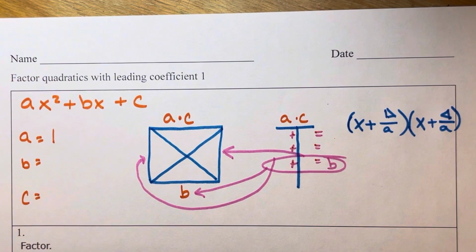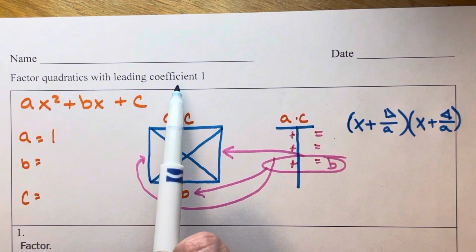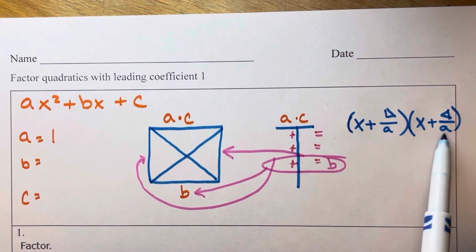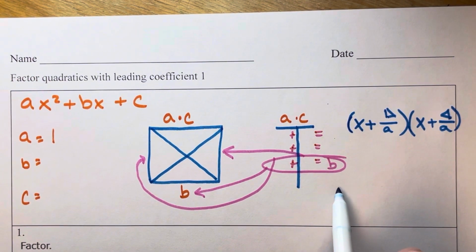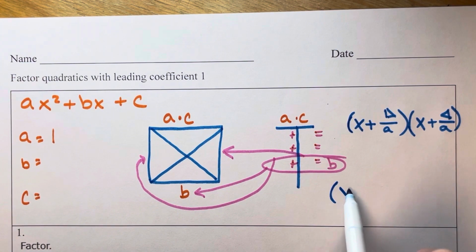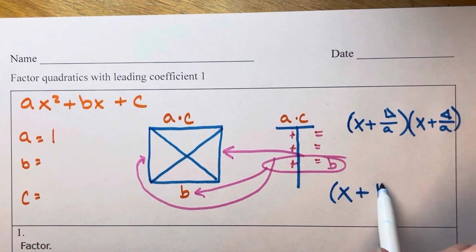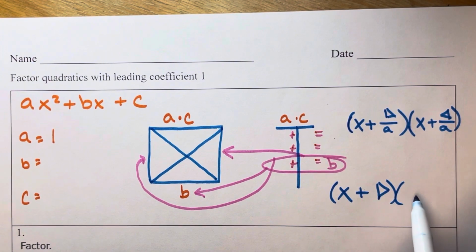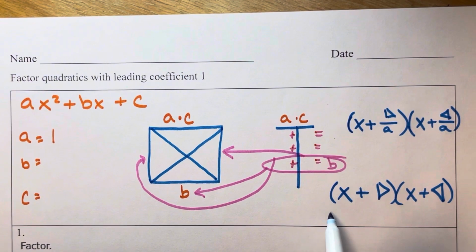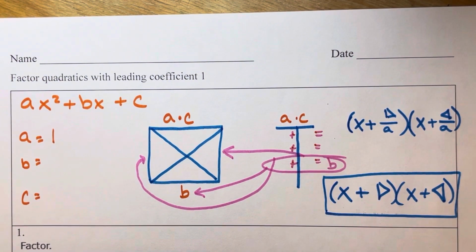And we're going to clean this up, and for this particular lesson, because our leading coefficient is 1, because our A number every time is 1 for this lesson, what we are going to see is a final answer of X plus our left wing times X plus our right wing. That's how this is going to work. So let's begin some examples together.